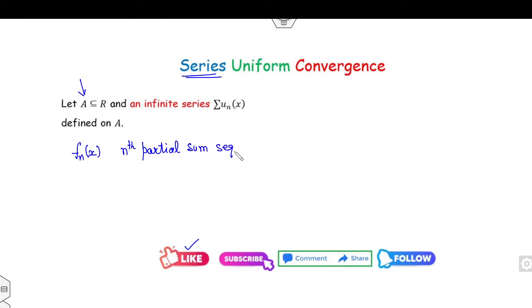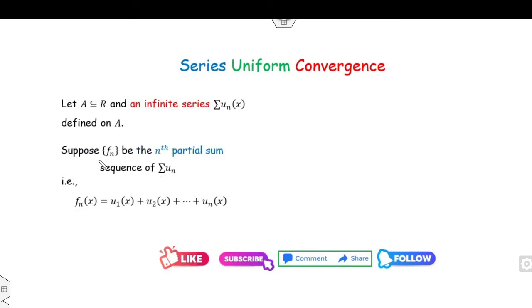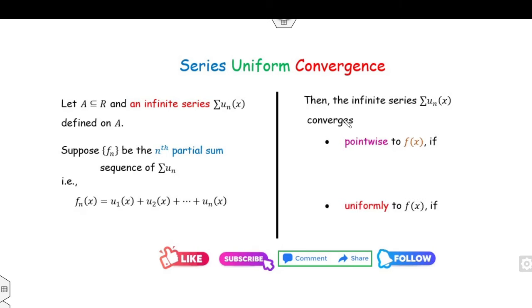We can define it for this infinite series from n equal to 1 to infinity as f_n(x) = u1(x) + u2(x) + ... + un(x). Remember students, f_n(x) is my sequence of functions. And once we know this is a sequence of functions, based on all our previous lectures, we can define the convergence of the infinite series.